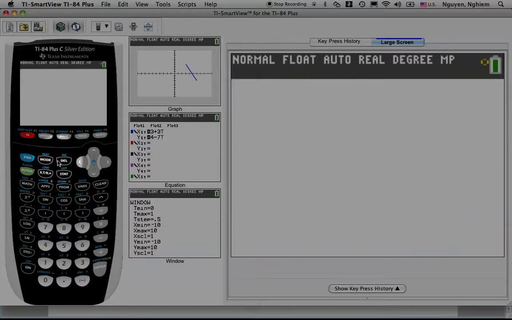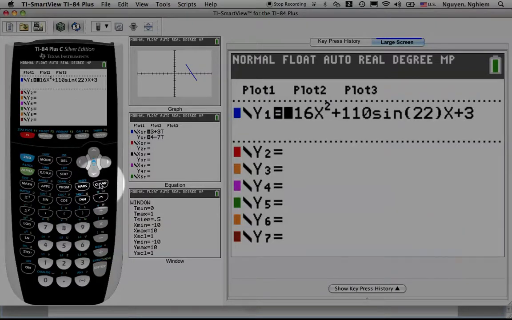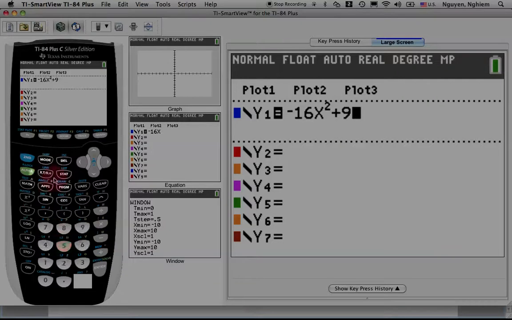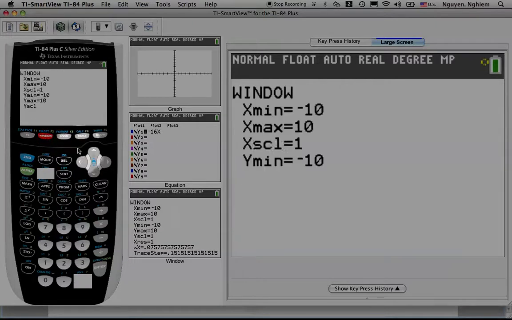And let's graph this equation. It's going to be negative 16 x squared, since my calculator uses x, plus 95 x, plus 3. And then my window, let's just think about it here.